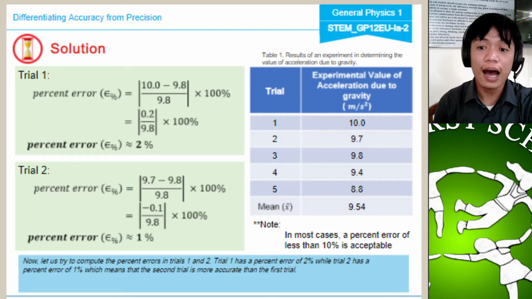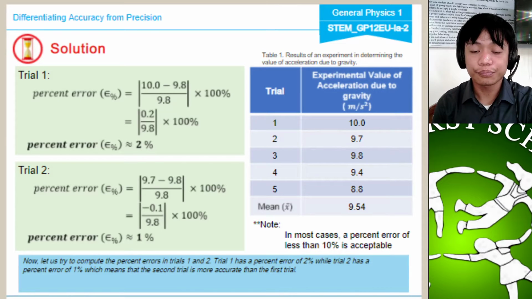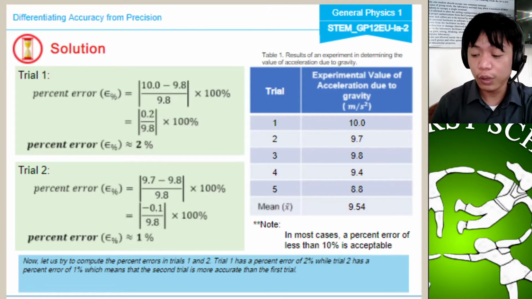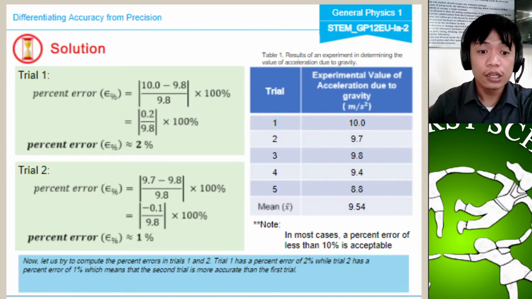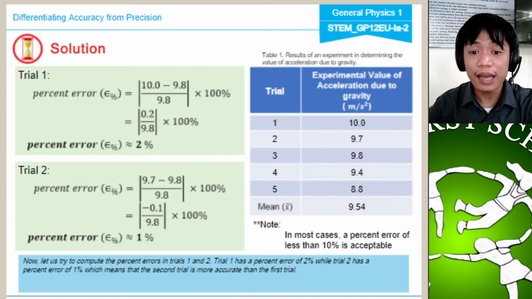Does it have a high precision or a low precision, or mataas ba yung accuracy or mababa ba yung accuracy? So, take note na kapag mababa yung percent error, which is the 2%, mataas yung accuracy level ng inyong experiment.